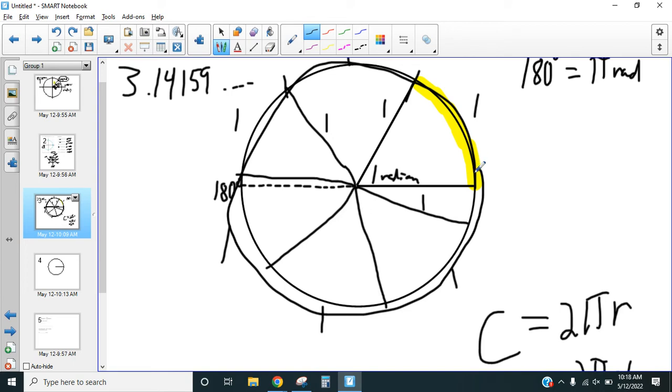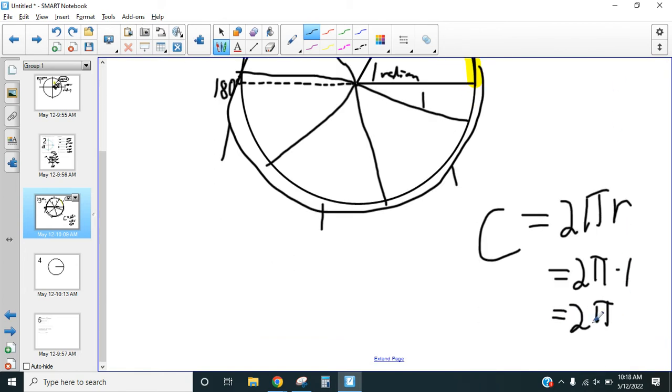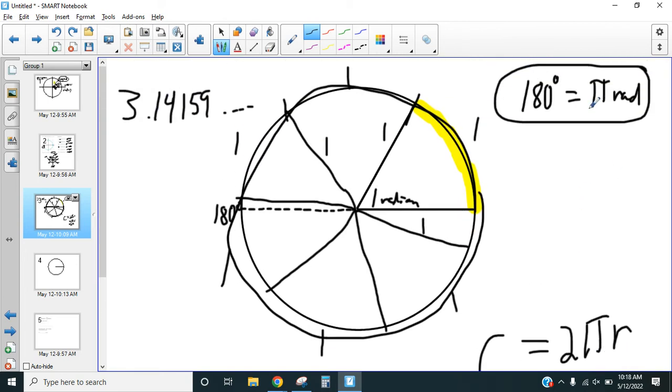Radians are a distance, a distance around. You're on the track, you're walking around. That's a radian. So half of a circle is 180, and half of 2 pi is 1 pi. So there are two conversions you can use: 360 is 2 pi, or 180 is pi. That's your conversion. It's a different way to measure an angle.